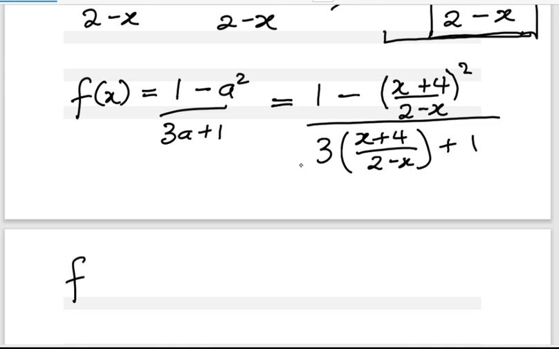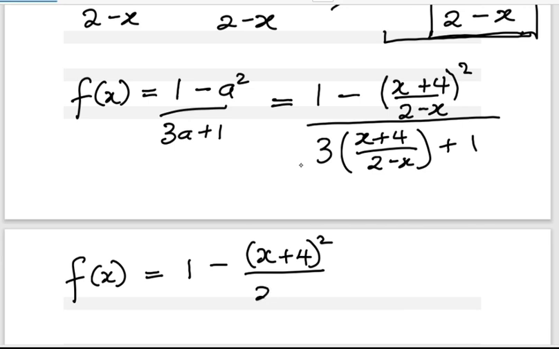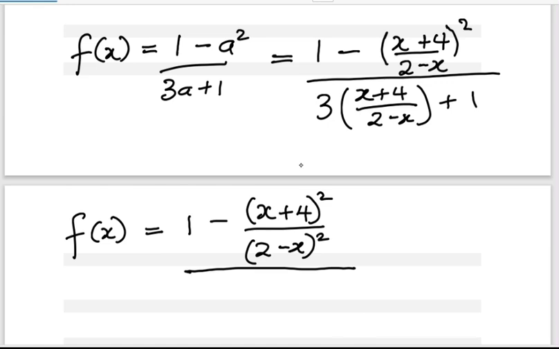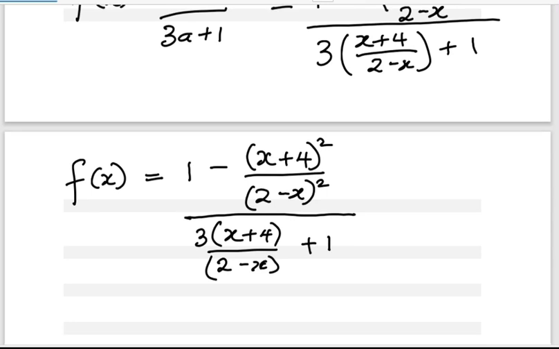Therefore, our f of x is simply going to be 1 minus x plus 4 squared over 2 minus x squared, divided by 3 times x plus 4 over 2 minus x, plus 1. One simple thing we can do here is to multiply the numerator and the denominator by 2 minus x squared over 2 minus x squared.